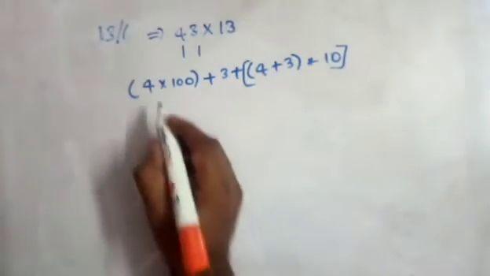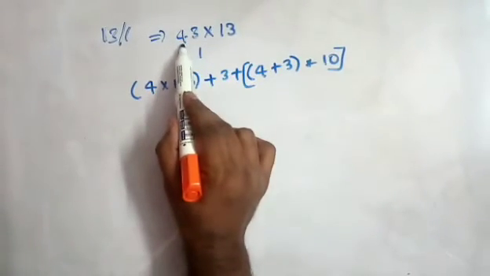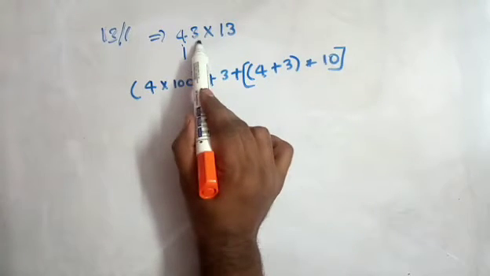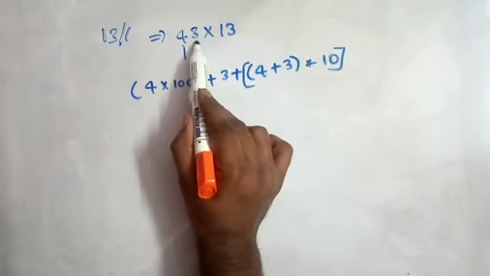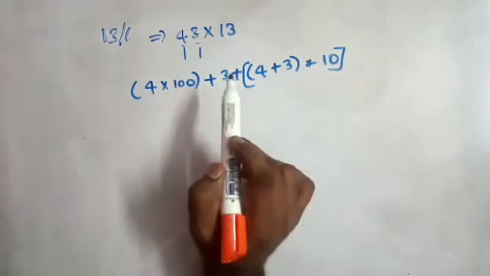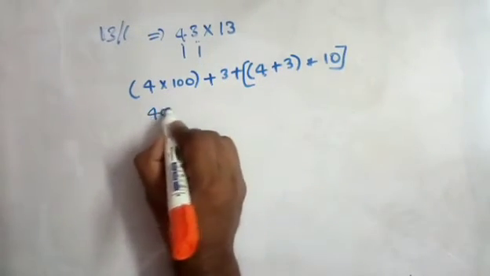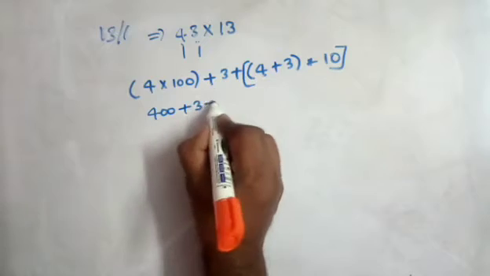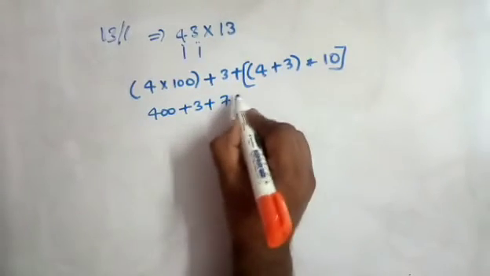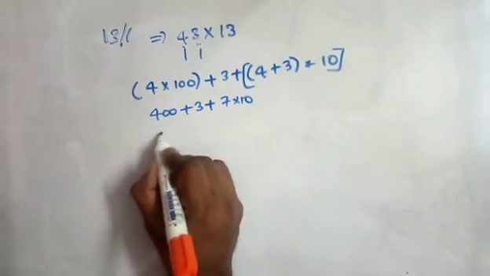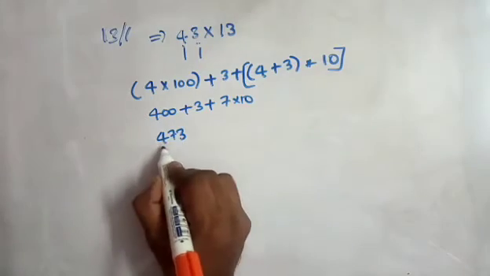So what I did here is 4 I multiplied with 100, 4 times 100, plus 3 I have taken as it is, plus 4 plus 3 multiplied with 10. Then how much does it come? So this is 400 plus 3 plus 7 times 10, which is around 473.